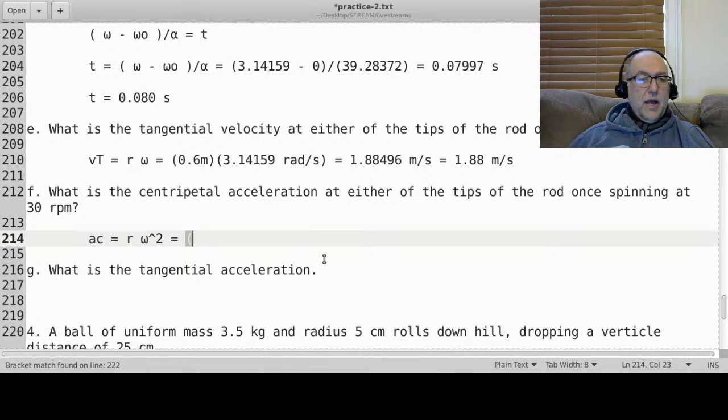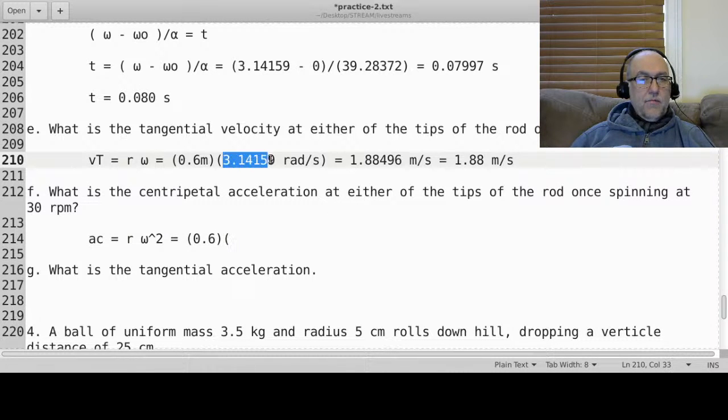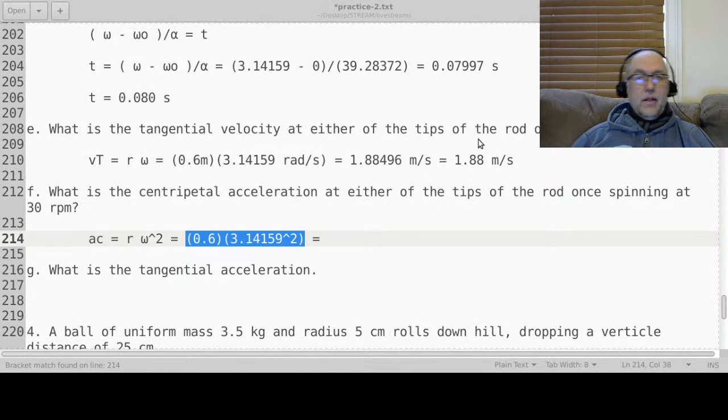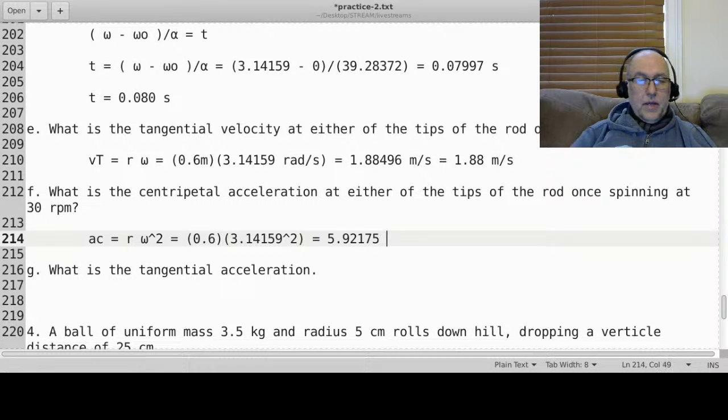So here now we have 0.6, and we have the angular velocity right there, but this time it's squared. That's going to give us this number here, in meters per second squared.